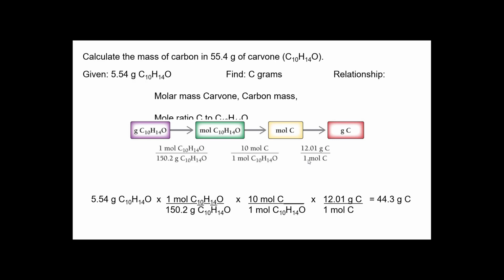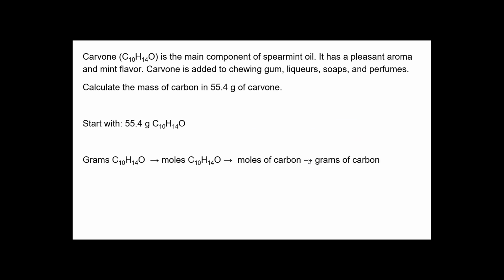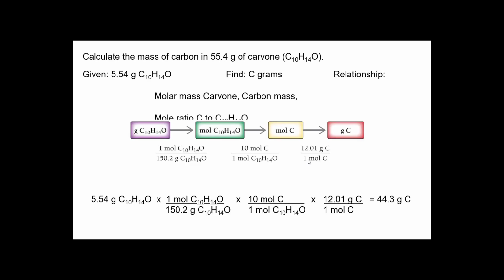So what did I do here? That seems off. I screwed up. So 55.4 grams is what it started with. I think I put this down as 5.54, but this is 55.4, because this cannot equal more than this. So I calculated it with this being 55.4.